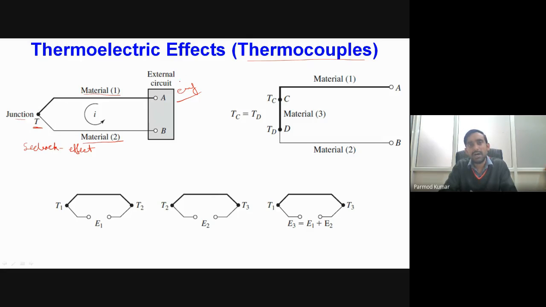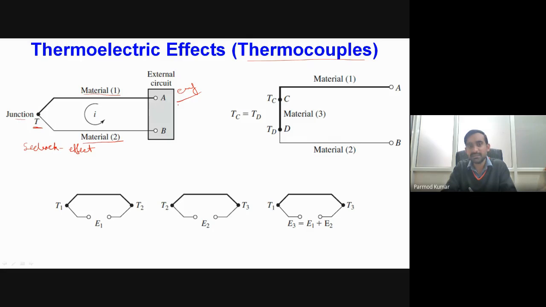While we have the external circuit, because this effect is generating some voltage, obviously some current will be flowing through this circuit. So we will have some current through the entire wires and this circuit. What will happen? The flow of current, particularly through this external circuit, will alter the value of the EMF that we are getting.